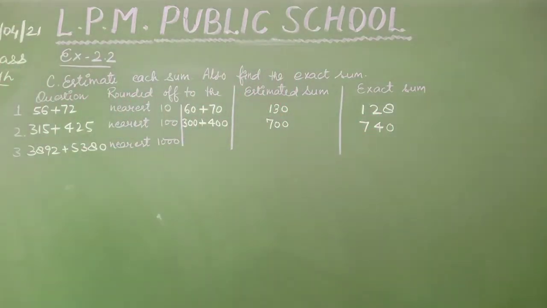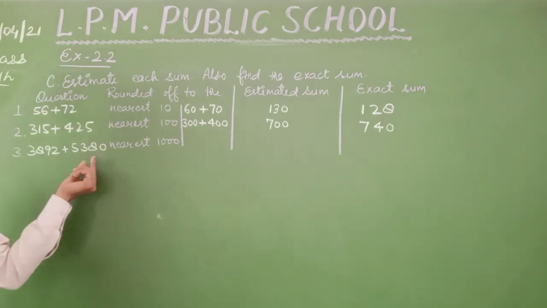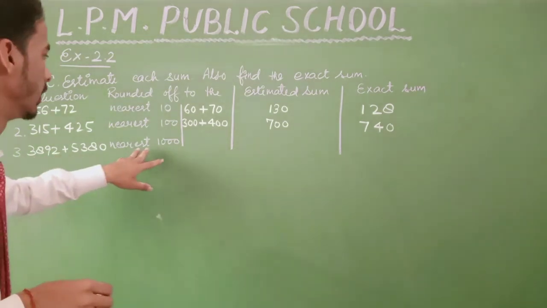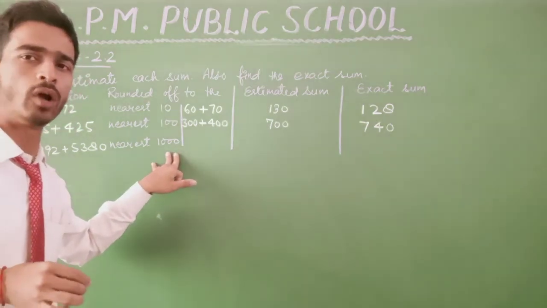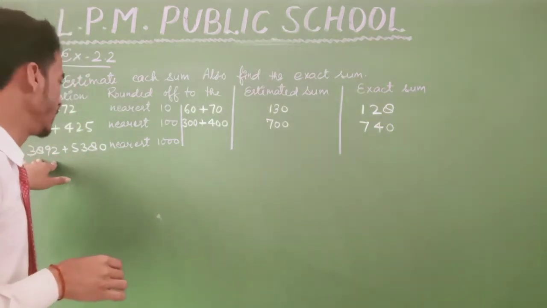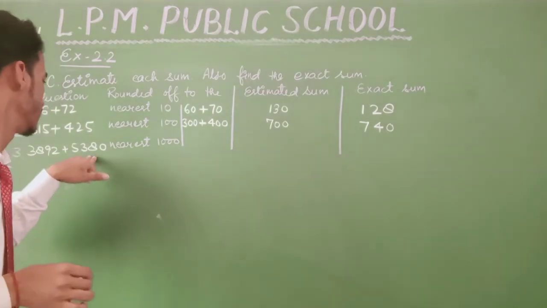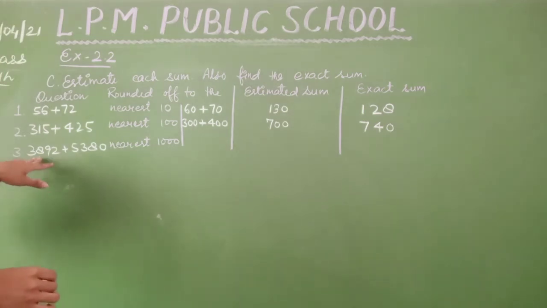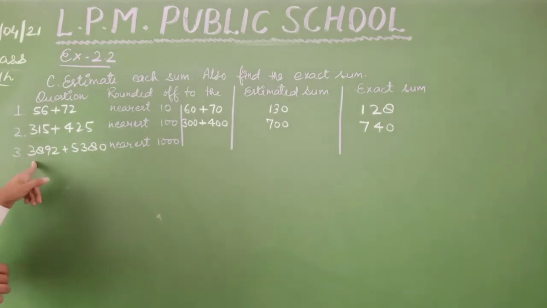And now the next is 3892 plus 5380, and now we have to round off up to the nearest thousand. So firstly we have to round off 3892, and after that we have to round off 5380. So 3892 is between 3000 and 4000, but closer to 4000.